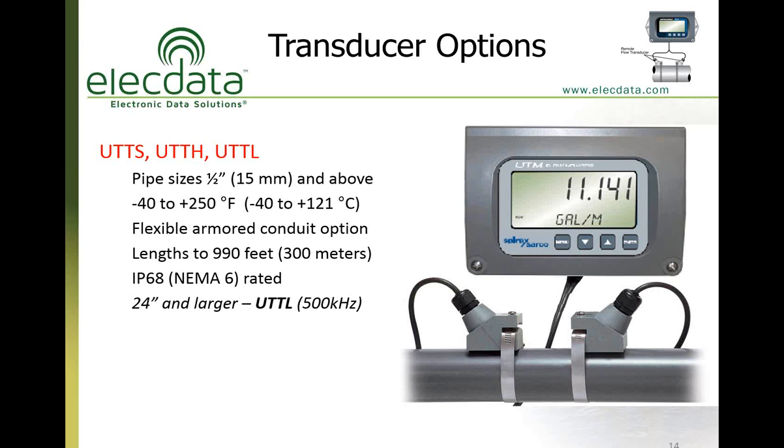The most common sensor models that we sell are the UTT050S, which works in pipes from 2 inches to 24 inches diameter, and then for pipes 24 inches in diameter and larger, there's the UTTL, which is a 500 kilohertz frequency, where the UTT050S, which works from 2 to 24 inches, is a 1 megahertz frequency sensor.